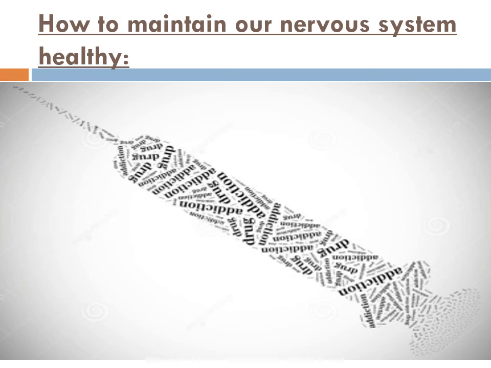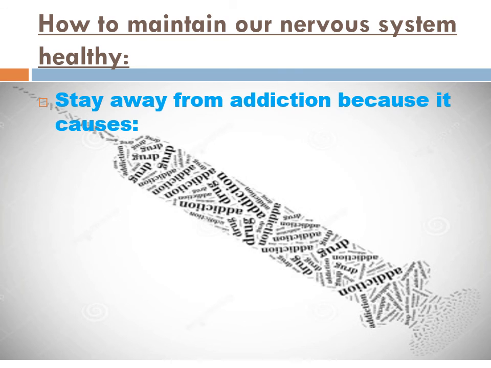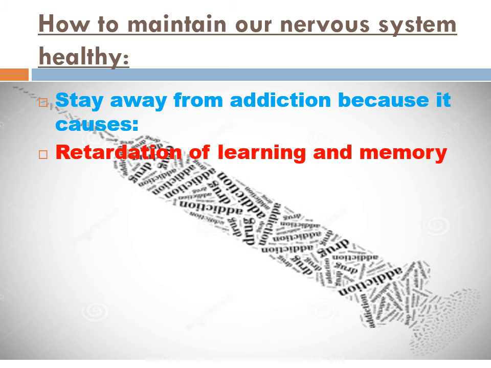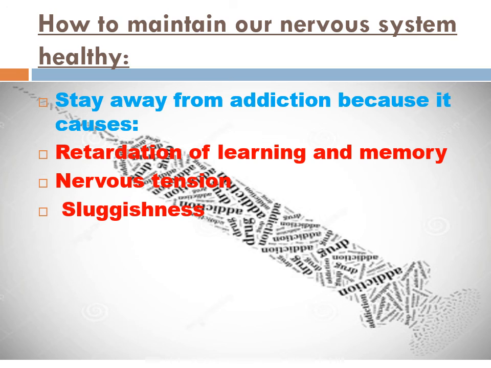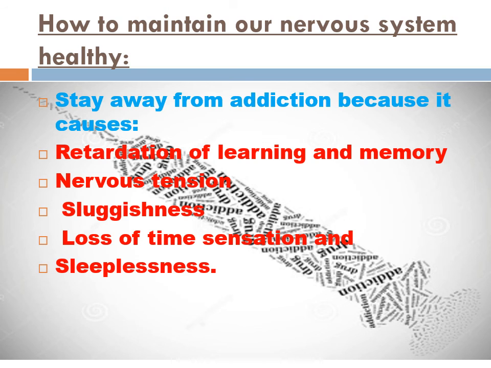Another way to maintain our nervous system healthy is to stay away from addiction because it causes retardation of learning and memory. This person can't learn and memorize like normal ones. Nervous tension, sluggishness or being lazy, loss of time sensation, and sleeplessness.